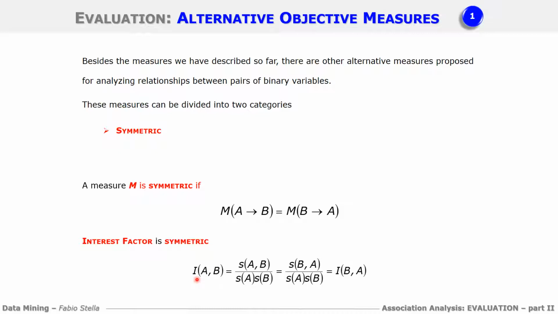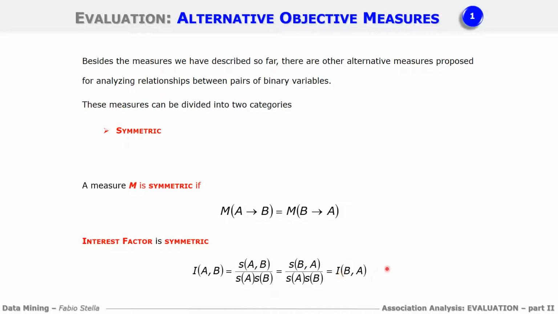The interest factor for the pair of items A and B is defined to be the ratio of the support of the pair of items A and B to the product of the support for the item A times the support for the item B. This is also equal to the support of the pair of items B and A, where we simply exchange A for B and B for A, and we know that the support of BA is by definition equal to the support of AB.